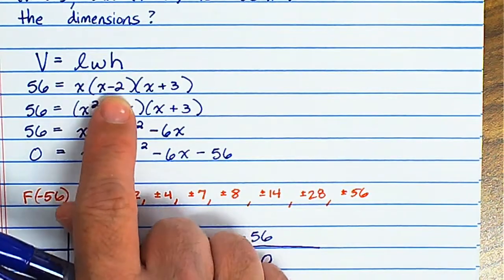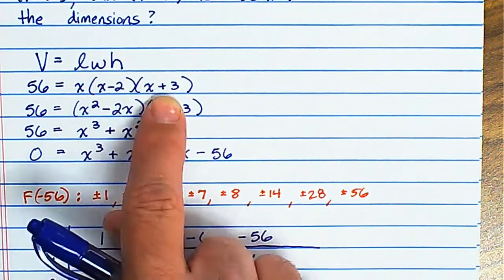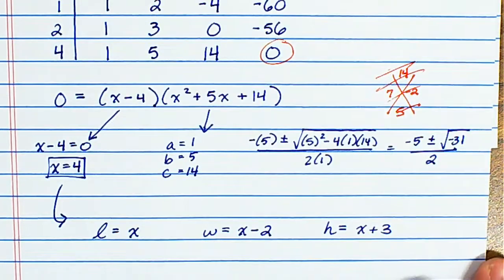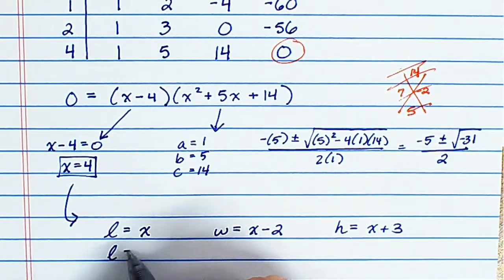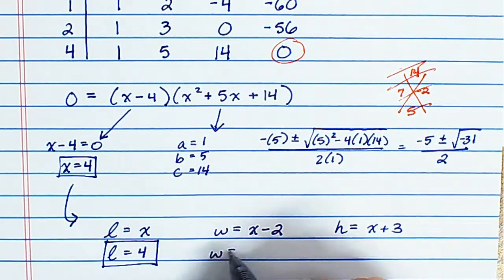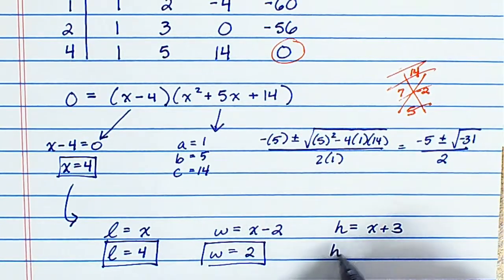So now that I know that x is 4, I know that my length is 4. I know that my width is 4 minus 2. What's 4 minus 2? 2. And I know that my height is 4 plus 3, which is how much?